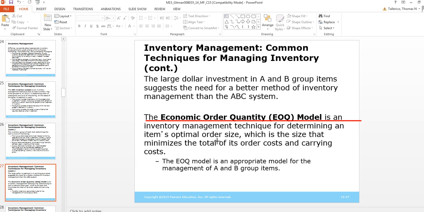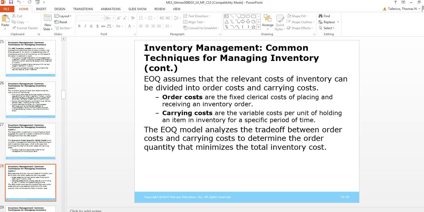There are 2 things you want to optimize. You don't want to have too much stuff sitting on the shelf, because then you can't sell it and you wasted your money. Or you don't want to not order enough and have a stock out, and then you can't sell anymore, right? Both of those are detrimental to your business. So you don't want to do that. All right? So that's important.